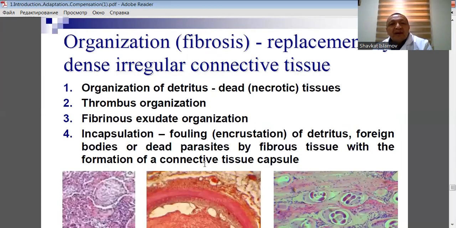Organization is replacement by dense irregular connective tissue. Organization of detritus, dead tissues, thrombus organization, fibrinous exudate organization, encapsulation, foreign bodies and dead parasites, by fibrous tissue with the formation of a connective tissue capsule.